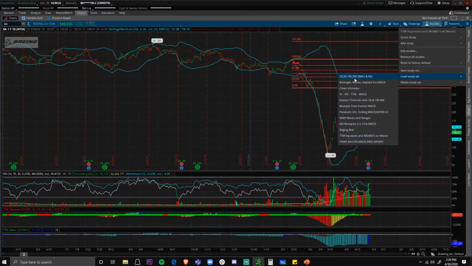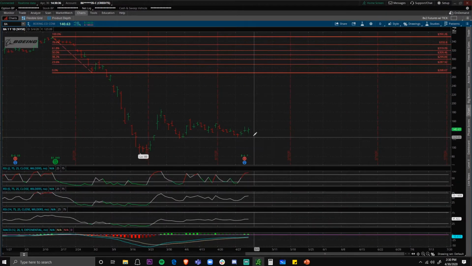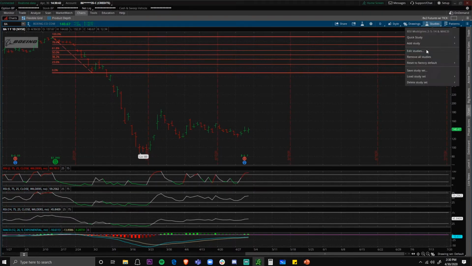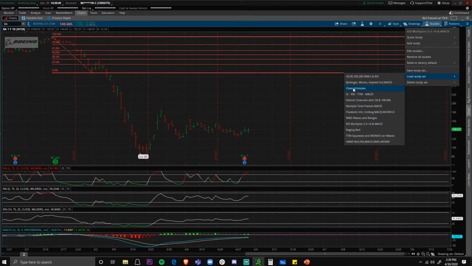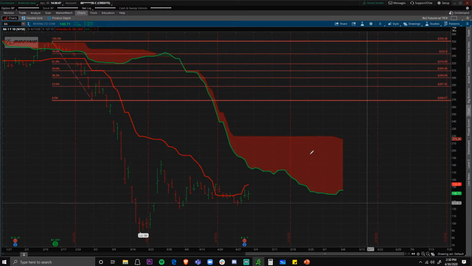Some of you might say this is a lot, and it is. I want to be able to correlate or confirm each one of my assumptions with my history and its performance. So if I know that RSIs are showing, yes, the stock is going to burst, or if it's going to boost, depending on what this shows, I might go into another study and say, okay, let's look at the Ichimoku cloud.